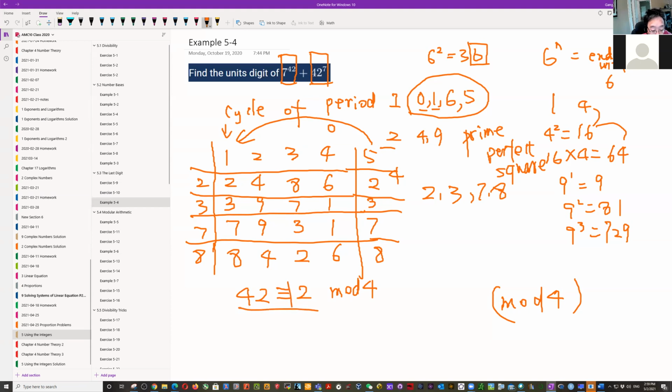And so we're looking for the ending of 7 to the 42. So 7 to the 42 is going to end in 9. Then 42 to the 7th: 7 is congruent to, and what we are checking is this line.